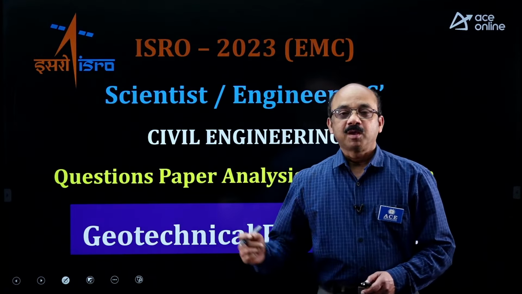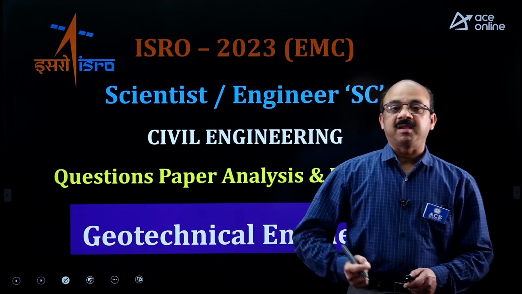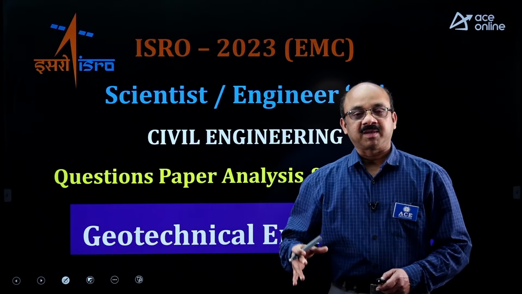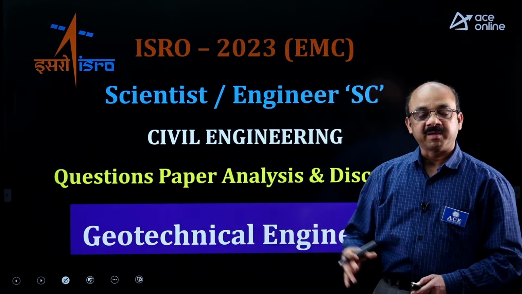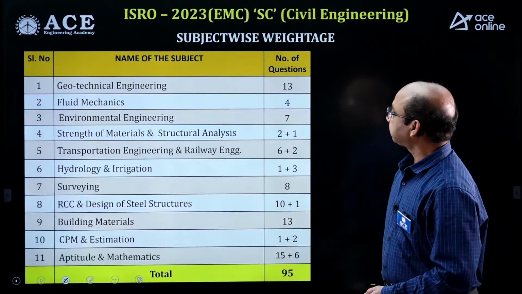question. Before I go into this discussion of the key, first of all, let me give you the weightage that was given in this ISRO examination today in different subjects of civil engineering. Let me show the slide.